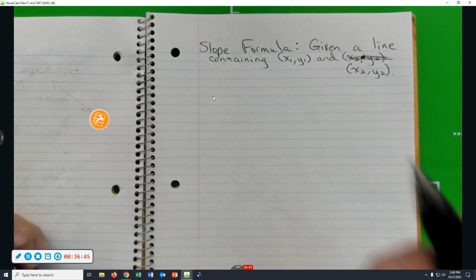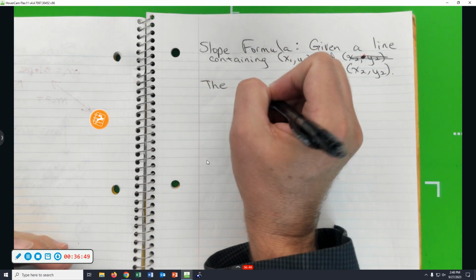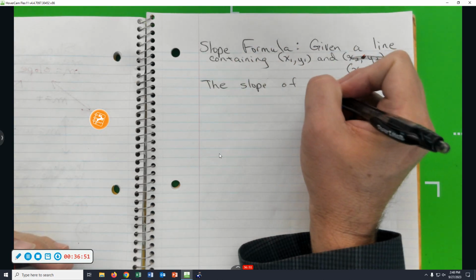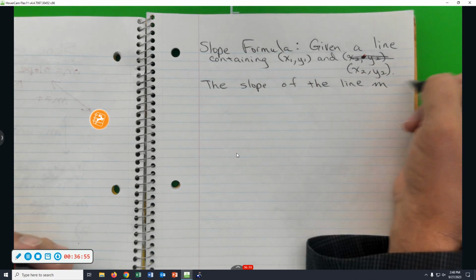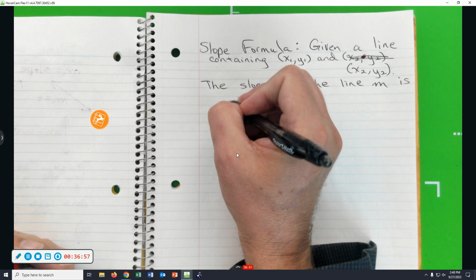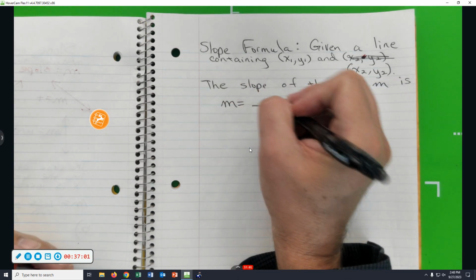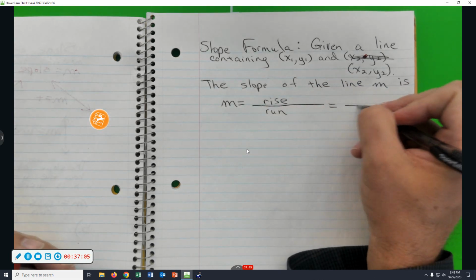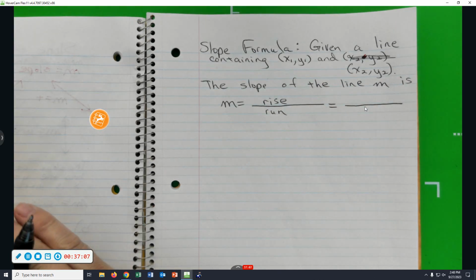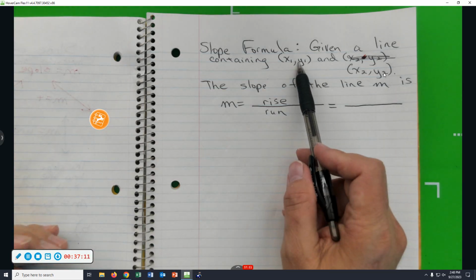The slope of the line, m, is m equals, I'm going to go ahead and write rise over run. Algebraically, that rise is the change in the y values.